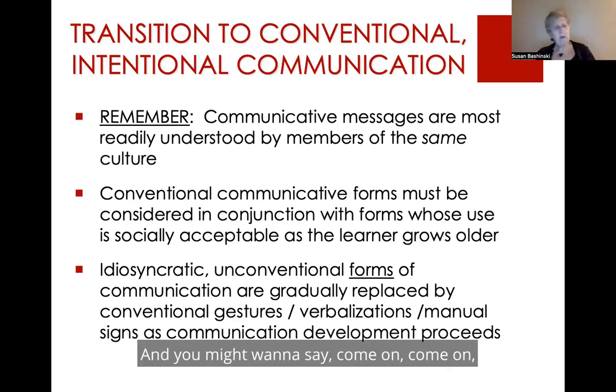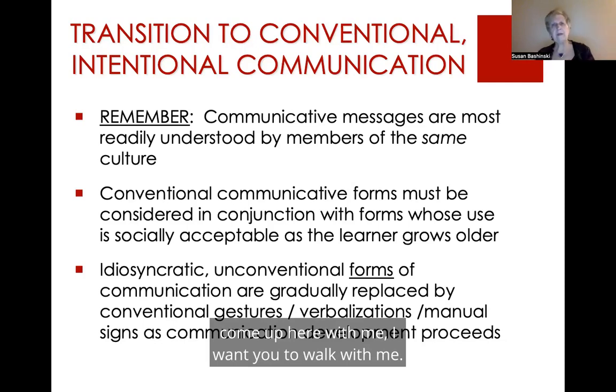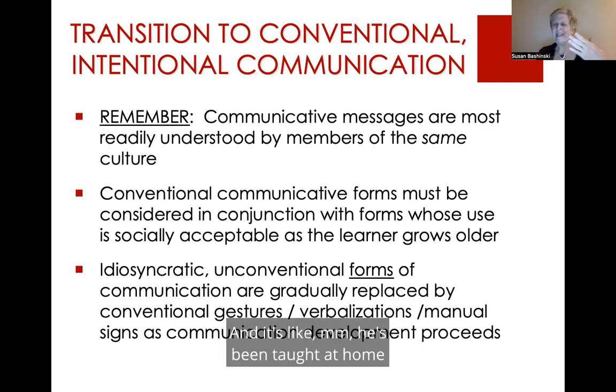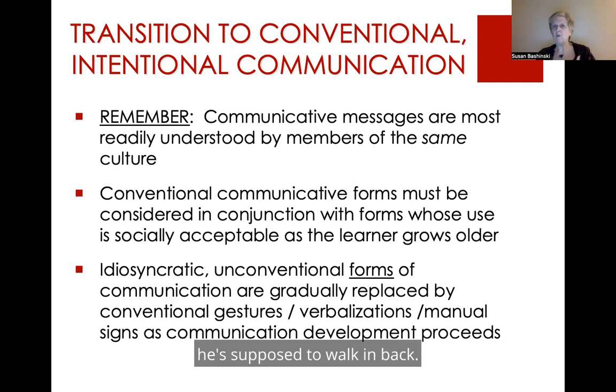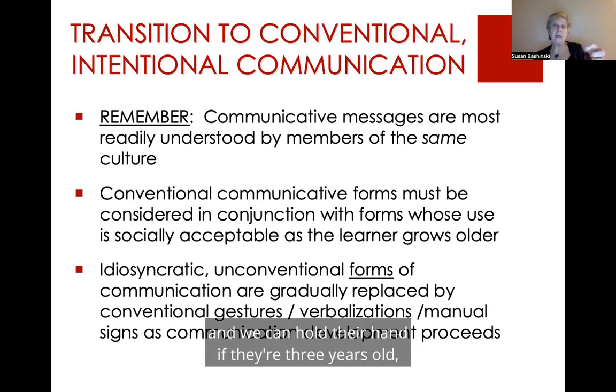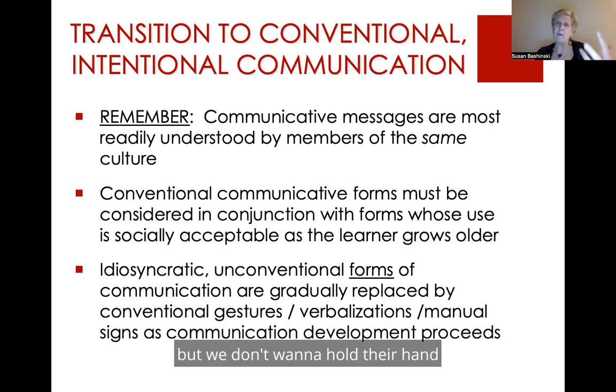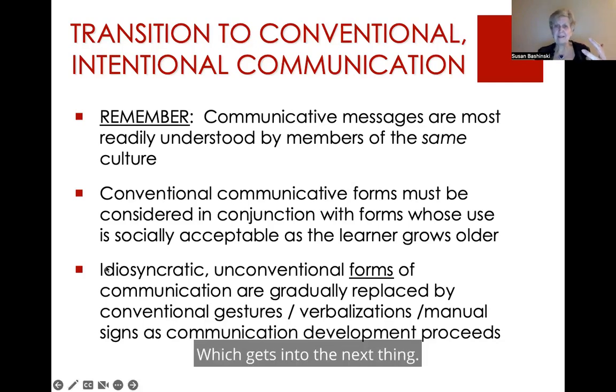And you might want to say, come on, come up here with me. I want you to walk with me. And it's like, he's been taught at home he's supposed to walk back. Whereas generally in schools, when we're partnering with a kid, we want them to walk with us, and we can hold their hand if they're 3 years old, but we don't want to hold their hand if they're 17 years old, all right, which gets into the next thing.